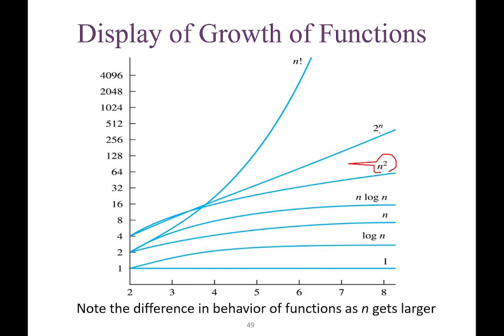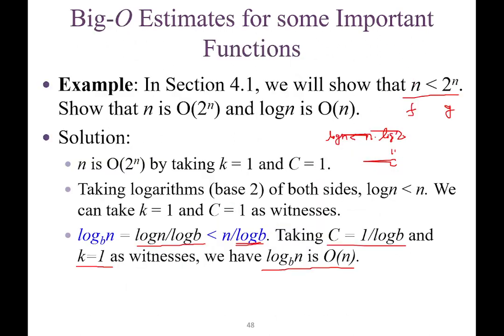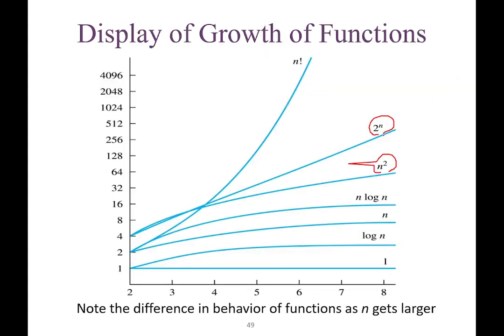Then we have the exponential functions. Remember the previous results? We have the relationship n is less than 2 to the power of n. So you can see the growth of the exponential function is larger than n. And we have the factorial function, which grows the fastest. As n gets larger, this function grows way faster than the others.